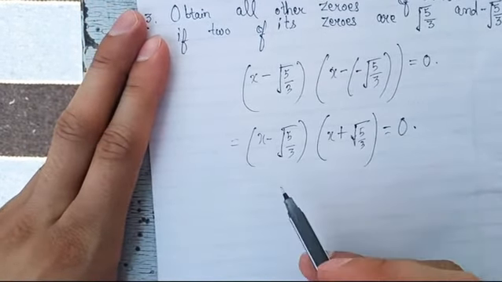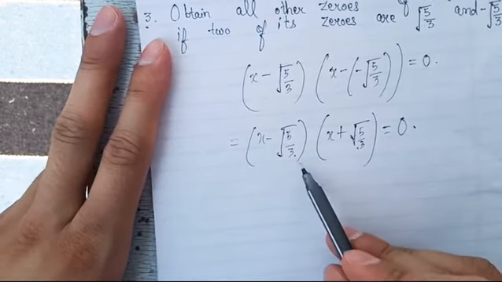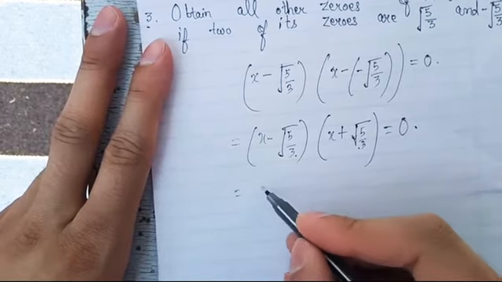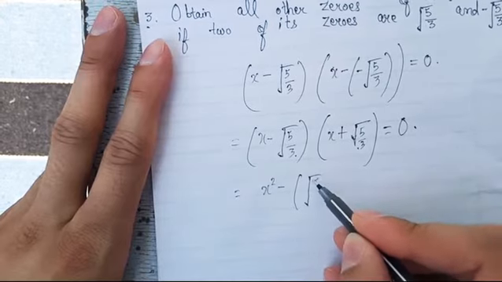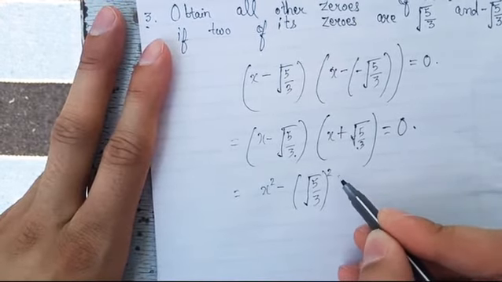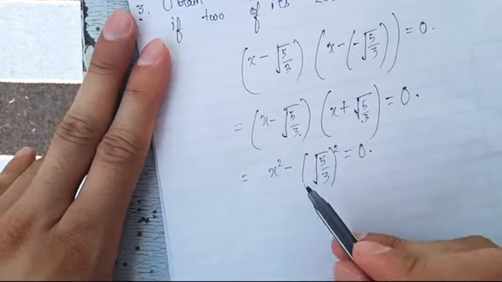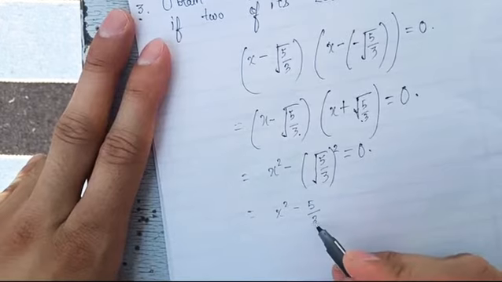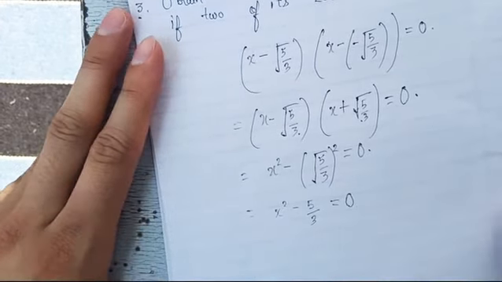Now remember the identity, a minus b into a plus b is a square minus b square. So here we will write x square minus the square of root 5 upon 3 is equal to 0. Square and root will cancel out, so it will become x square minus 5 upon 3 is equal to 0.